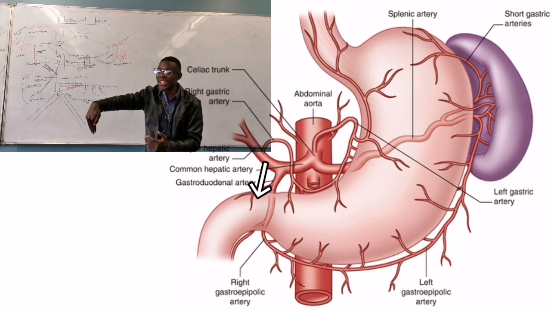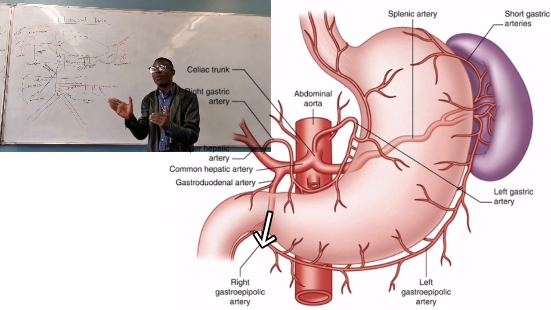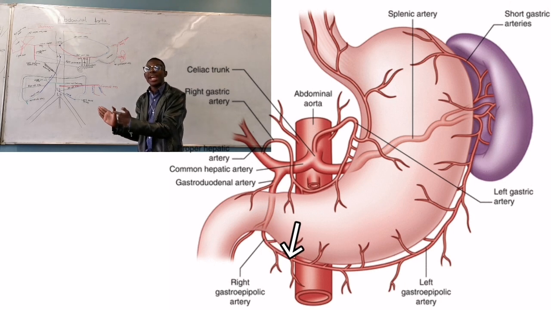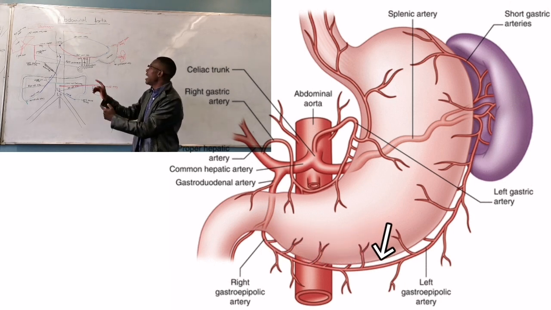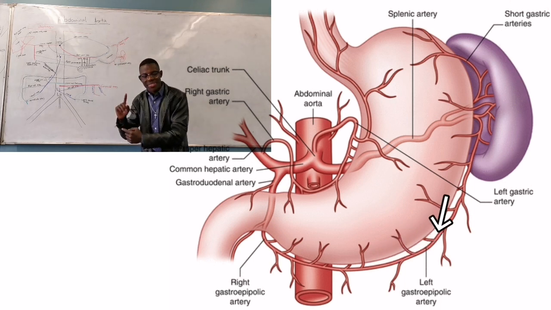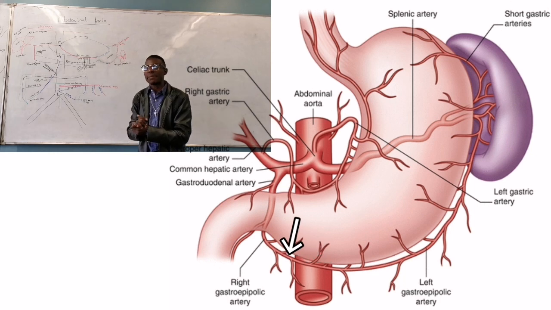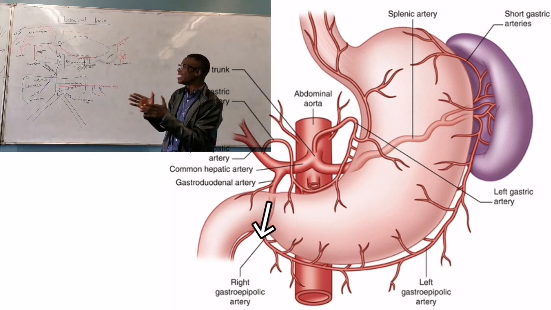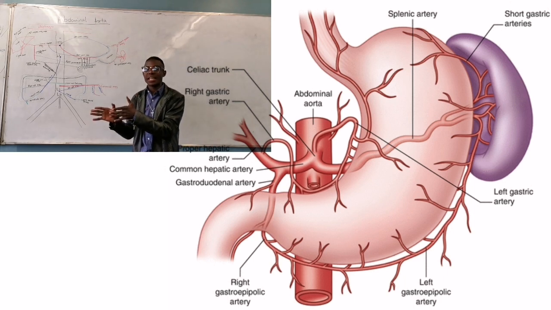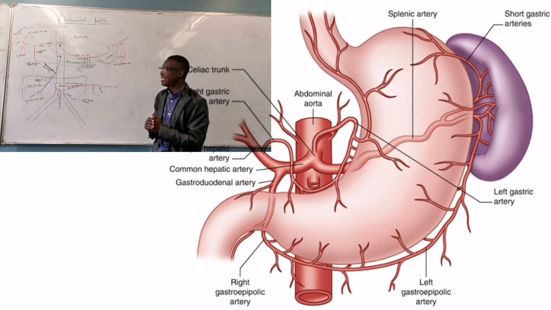And then posteriorly, it's going to give another branch, the right gastro-epiploic artery or the right gastro-omental artery, that anastomoses with the left gastro-epiploic artery around the greater curvature of the stomach. So these are the main branches that are coming from the celiac trunk.